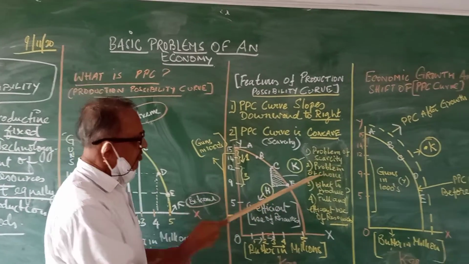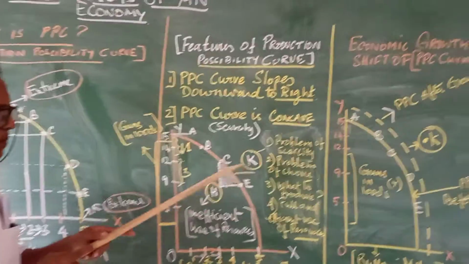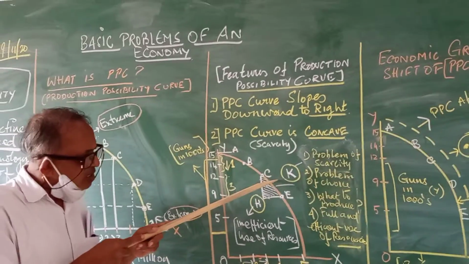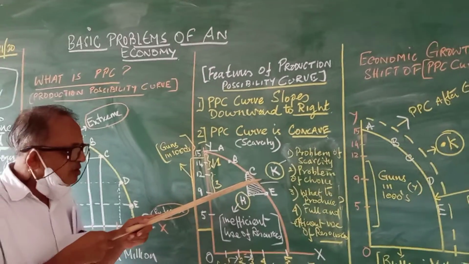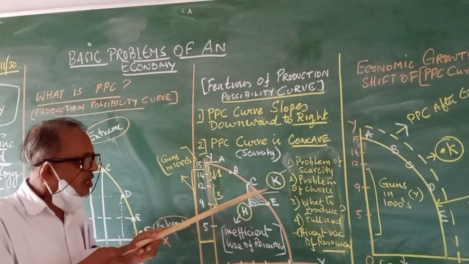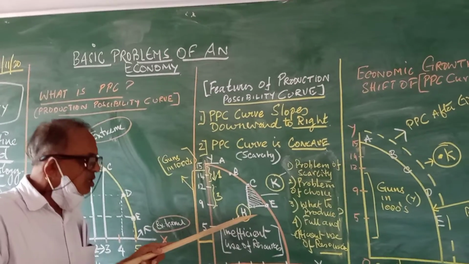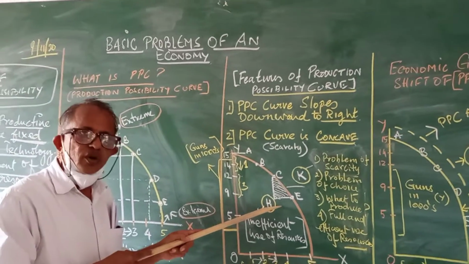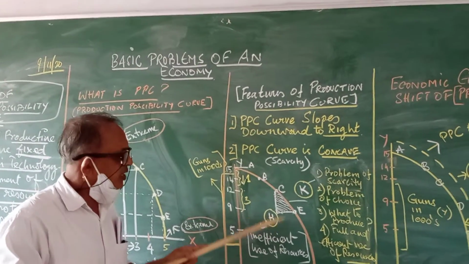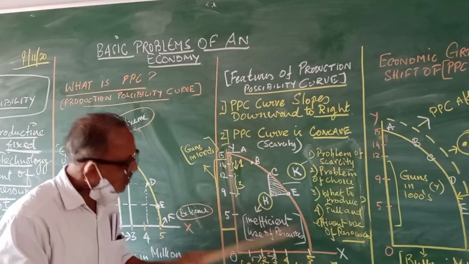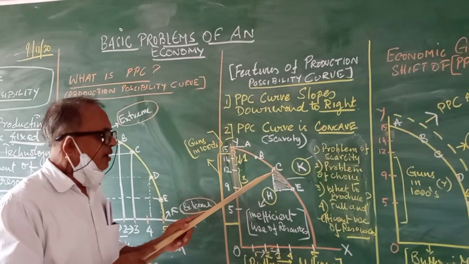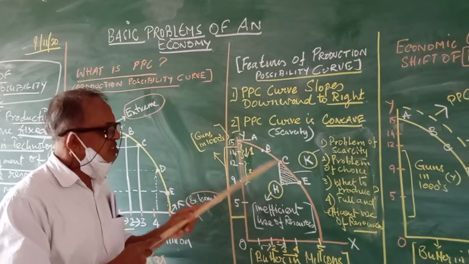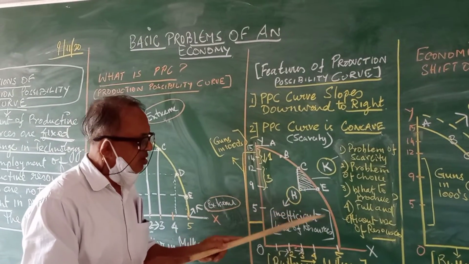So, problem of choice. Because resources are scarce and because the economy cannot go beyond this curve, at the same time because resources are scarce and it cannot be allowed to go inefficient in its use, the economy has to go on the curve, and because of the scarcity of resources, the choice arises on the curve.